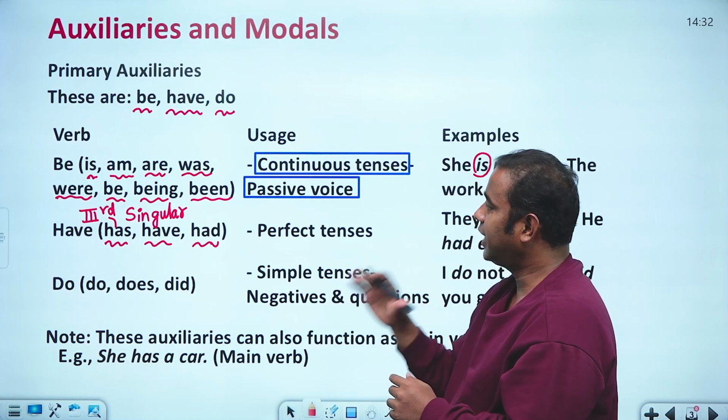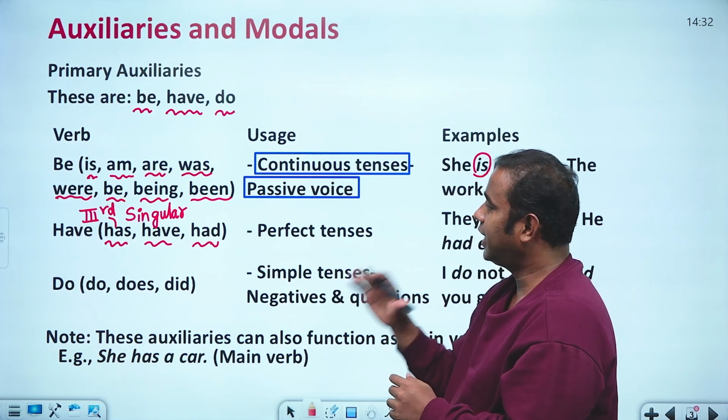For example, I do not agree. Did you go? Does it cost that much? So like this you can use them. So these are the varieties of the auxiliary verbs.